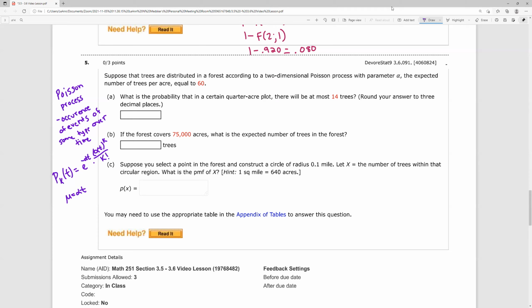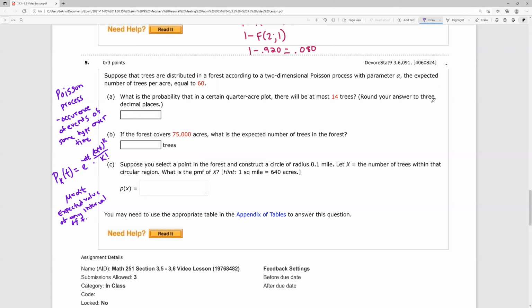It is going to be our expected value over any interval of t. Okay, so essentially it is still the same formula. We're kind of talking about things in terms of these little subintervals of time. And like I said, this one is a Poisson process, but they're using kind of acreage, they're using area.